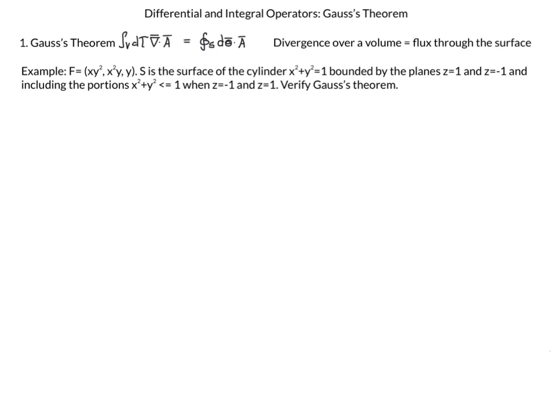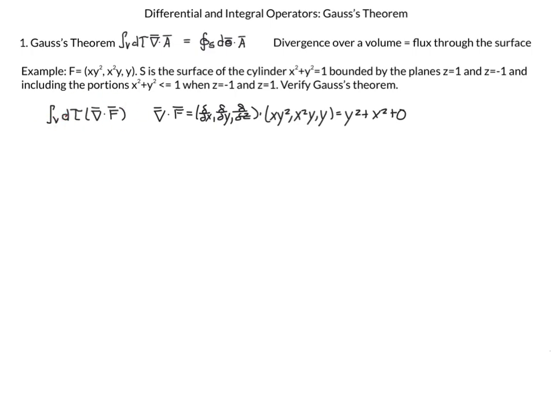And it includes the portions, the bottom and top surfaces of the cylinder, x squared plus y squared is less than or equal to 1 when z equals negative 1 and z equals 1. We want to verify Gauss's theorem. And to verify Gauss's theorem, we are going to have to calculate this two ways. First, we're going to calculate the divergence over a volume, and then the next thing we're going to do is calculate the flux over the surface.